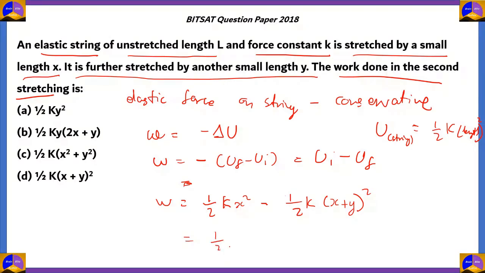The whole square. So therefore, half k is taken common. You get x squared minus of x plus y the whole square. That is x squared plus y squared plus 2xy in a bracket. So the work done here is half k times x squared, and then we multiply the whole expression by minus.